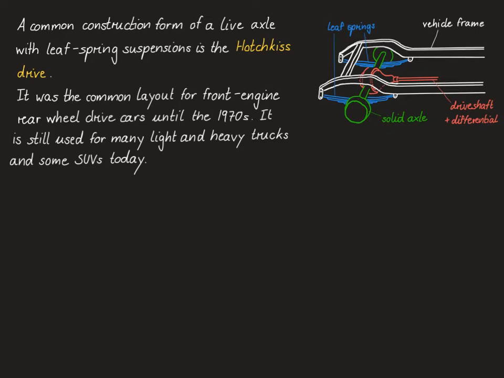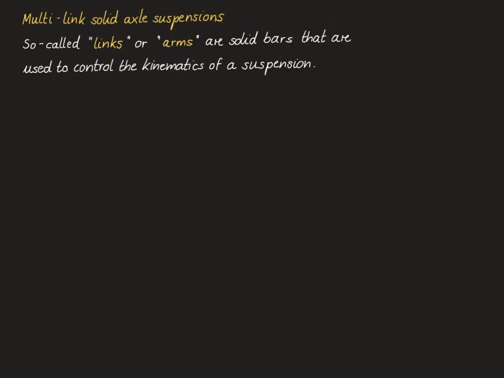The Hotchkiss drive was a very common layout for front-engine, rear-wheel drive cars until the 1970s. It is still used today for many light and heavy trucks and some SUVs. With respect to automotive history, solid axle suspensions have evolved from leaf spring suspensions to so-called multilink suspensions.